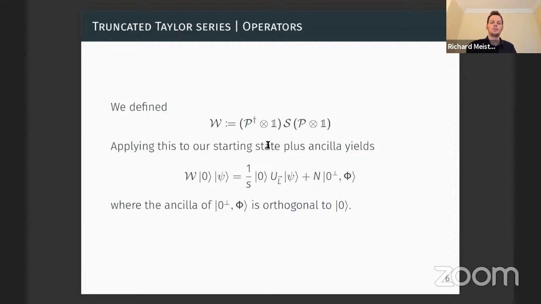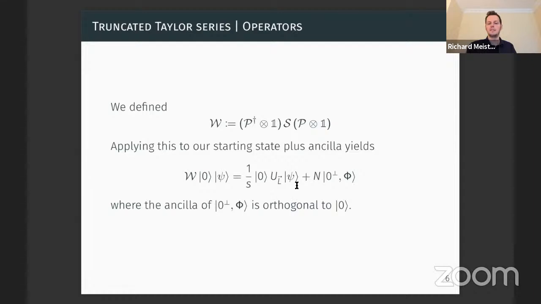Then the select operator comes along and applies the operators Vj to the appropriate system states. And then with this P dagger, we just uncompute this prepare operation. So each term gets another factor of square root of beta j. So now we have a sum over all the beta j's times these operators Vj, which is exactly what we defined as this U sub L.